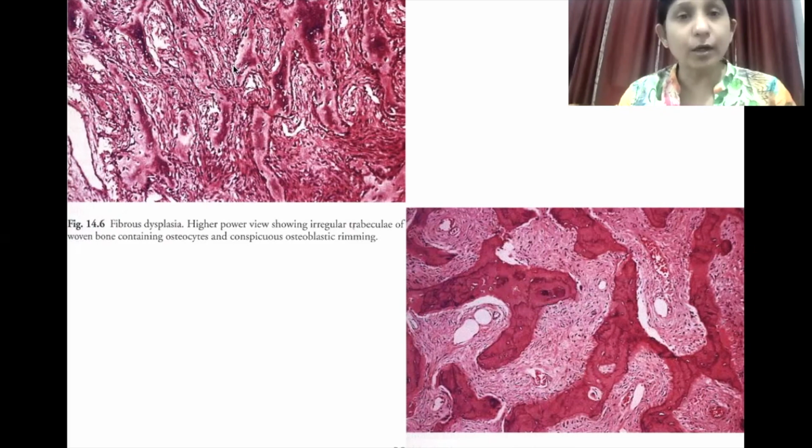But in the picture on the upper left hand corner of the slide, you can see that there are bony osteoid seams, but the margins are just blending into the connective tissue. You can't really differentiate where the connective tissue ends and where the bony spicule is starting.